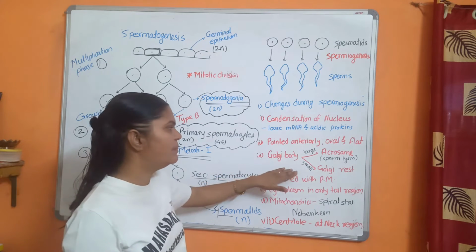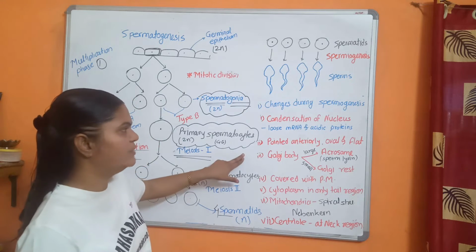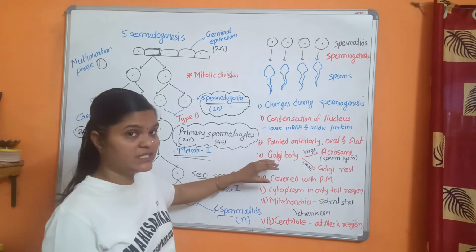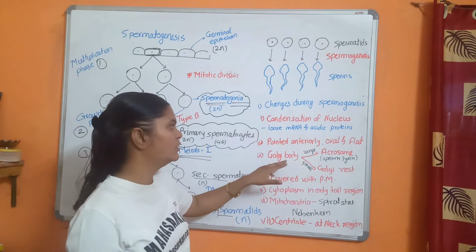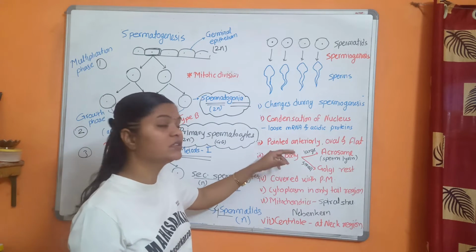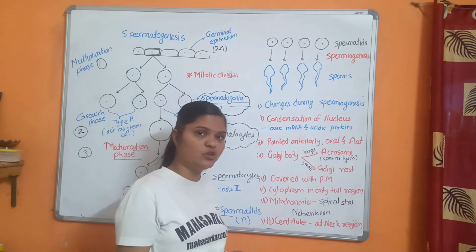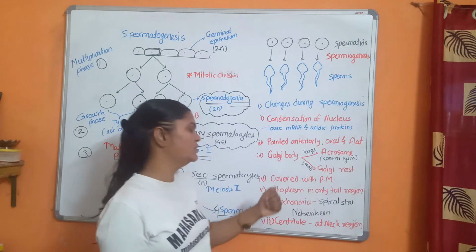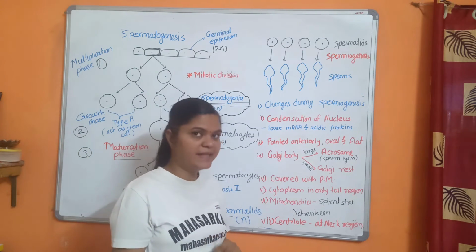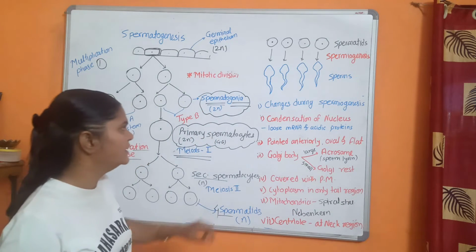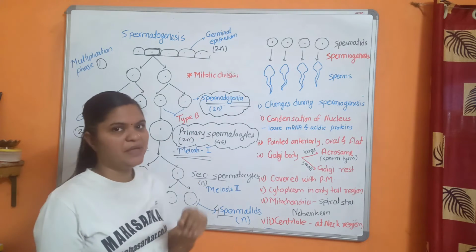The smaller part is the Golgi rest, which degenerates. So the Golgi body divides into a large and a small part. The large part is called the acrosome, which secretes enzymes, and the small part is called the Golgi rest, which degenerates. Then the complete sperm is covered with plasma membrane.